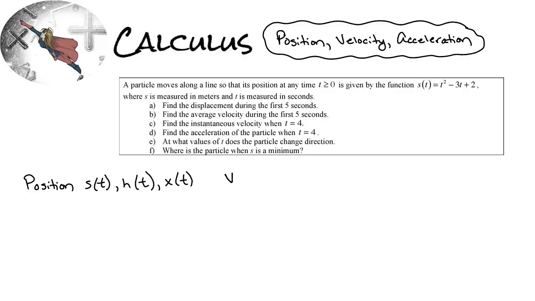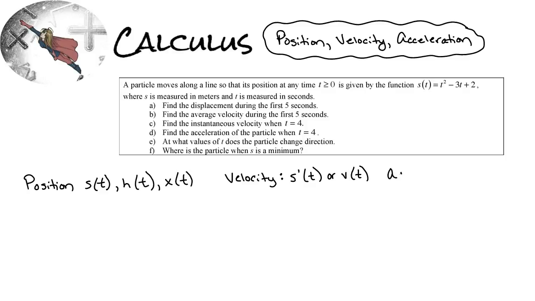Now, velocity is the derivative of position. So velocity is s prime of t. I'll just write it that way. Or you can relabel it its own letter, but you do need to know that it's the derivative of position.